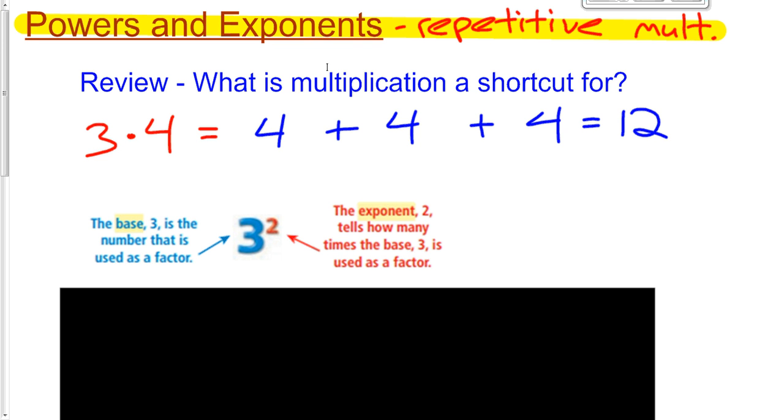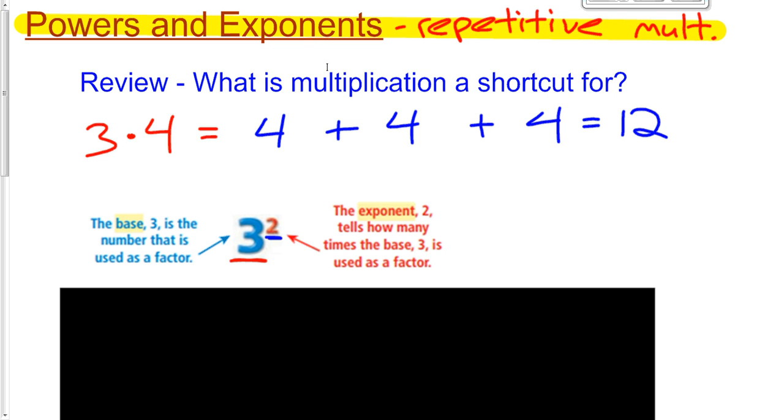All right. So, what are the pieces? Well, we have a base, which is 3, a base number in this particular instance. In this diagram, they're saying the base is 3, and that is the factor. The exponent is up here, and that tells you how many times you're going to use it as a factor.